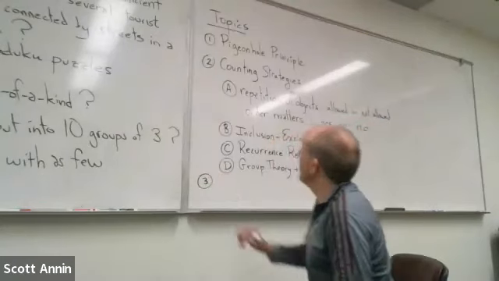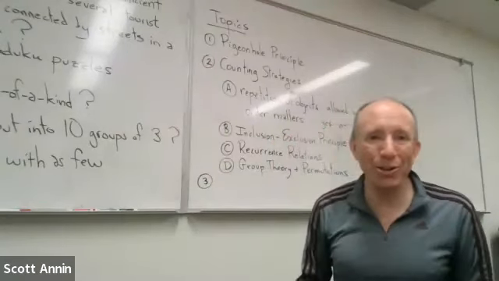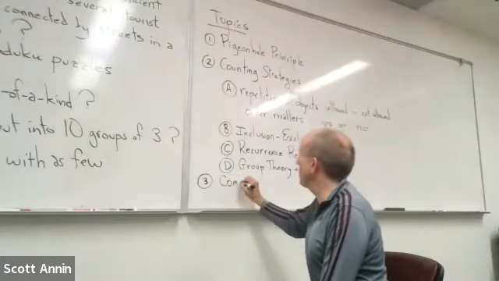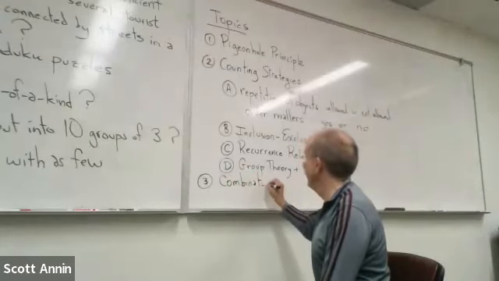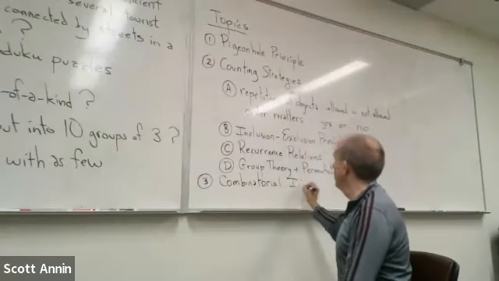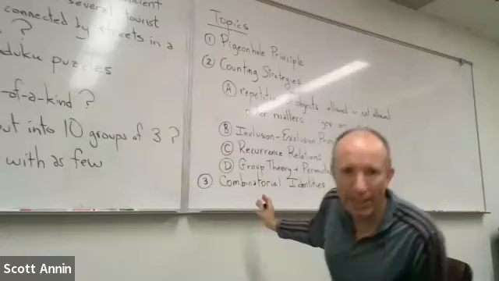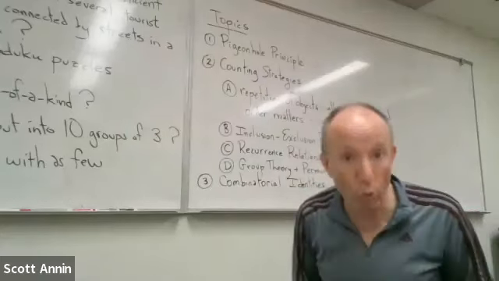What other things come under the umbrella of the topics of combinatorics? Well, another idea is something called combinatorial identities. These are formulas that involve whole numbers.